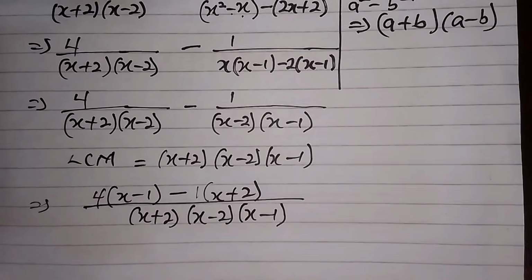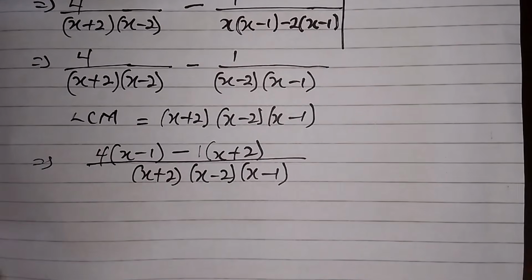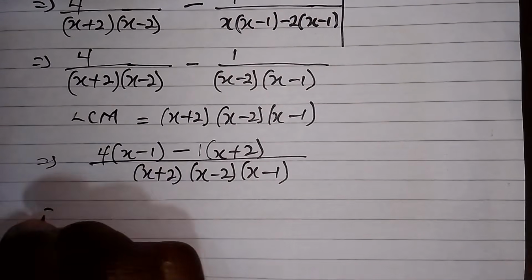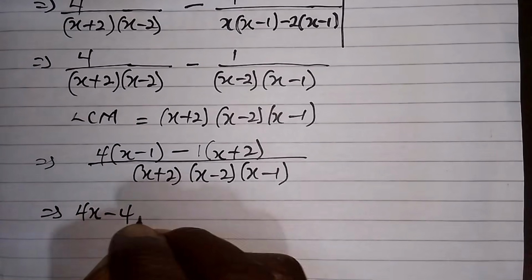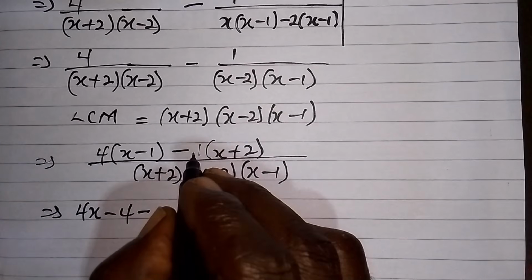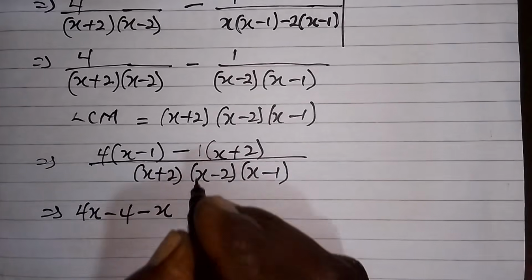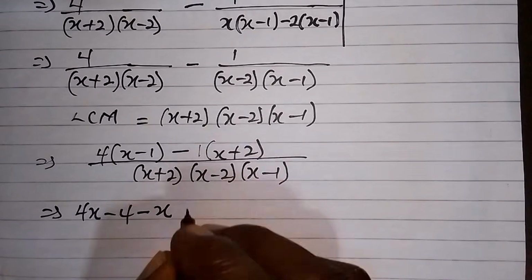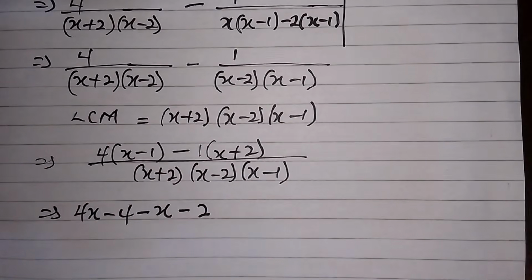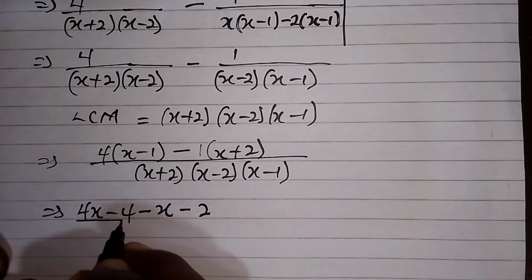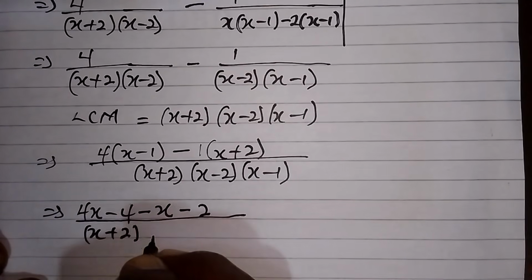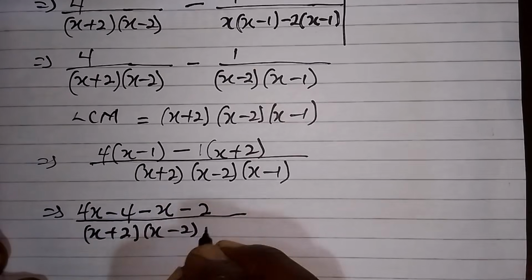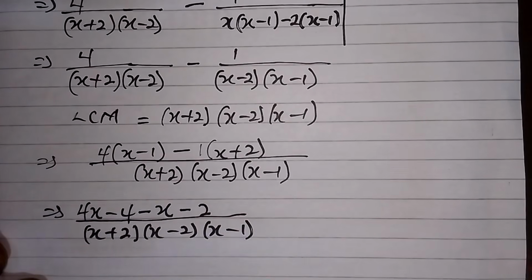But let's multiply what we have here. I have 4 times x, which gives us 4x, minus 4, minus 1 times x gives us minus x, minus 1 times positive 2 gives us minus 2. All this over the LCM of x plus 2, x minus 2, x minus 1.